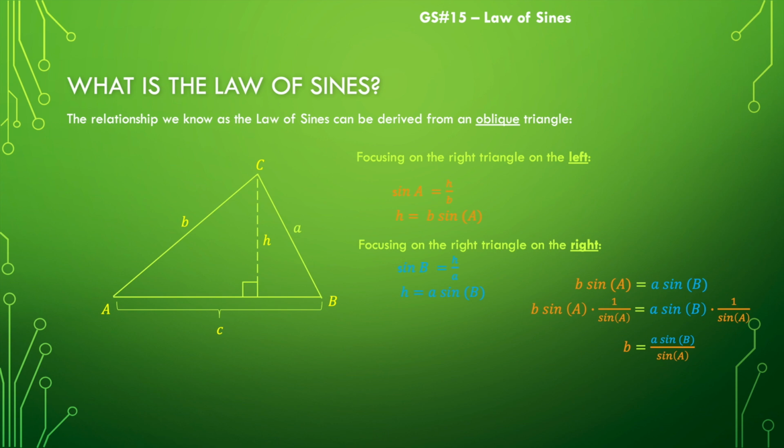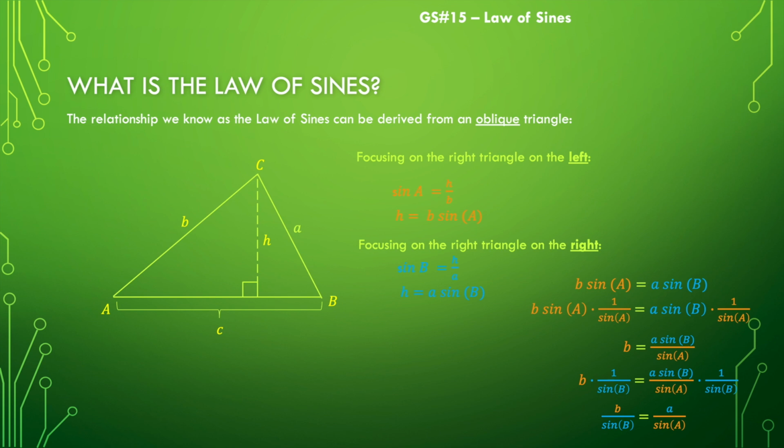Now let's multiply both sides by 1 over the sine of angle B. When I do that, notice on the right-hand side, this sine of angle B and this sine of angle B will cancel, and I'll end up with b over the sine of angle B is equal to a over the sine of angle A. Well, what about angle C and side c?